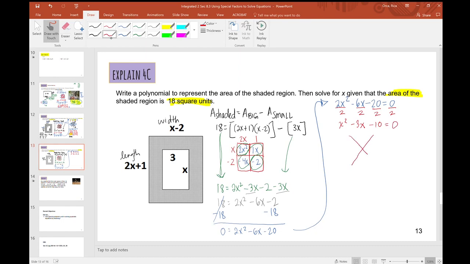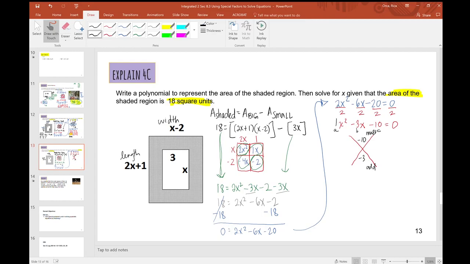Use the x method. A is 1, B is negative 3, C is negative 10. So negative 10 times 1 is negative 10, and negative 3 is going to go at the bottom. Now we need to think of two numbers that will multiply to negative 10, but will add up to negative 3.